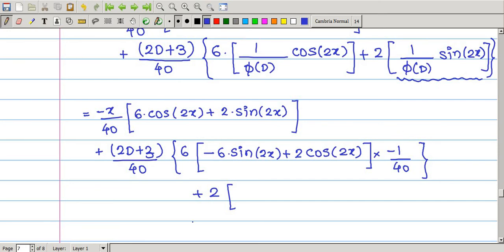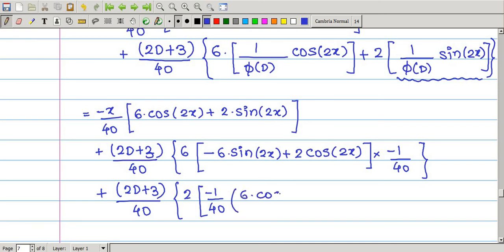Now we take this plus 2 times d plus 3 upon 40 into 2 times, substitute that value here, minus 1 upon 40 into 6 cos 2x plus 2 times sin 2x.